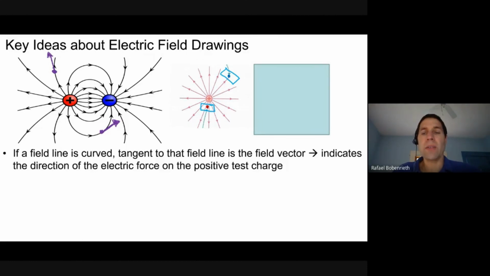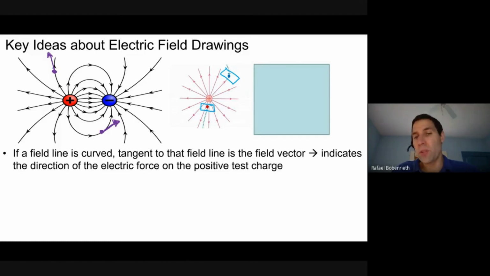What about for the blue dot? Only 1 field line, okay? And so what we can say here is an important note, that the density of electric field lines, how close they are together, gives you a qualitative sense of how strong the electric field is.